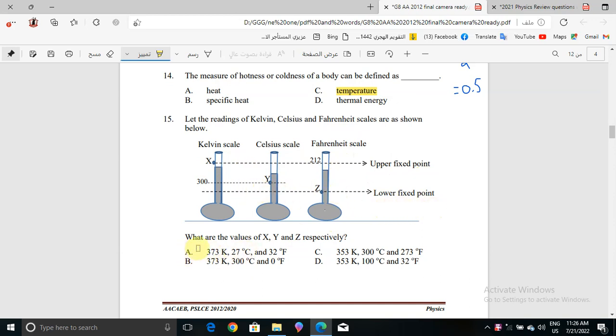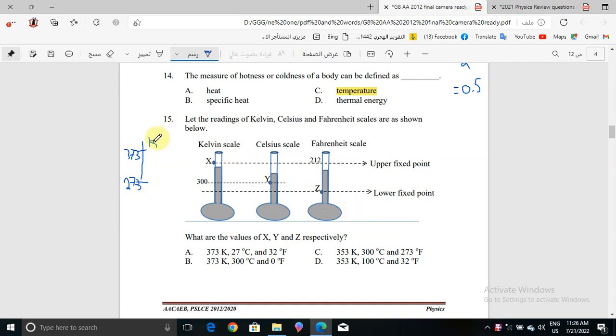The question asks what the values of x, y, and z are, respectively. For the Kelvin scale, the upper fixed point is 373 and the lower fixed point is 273.